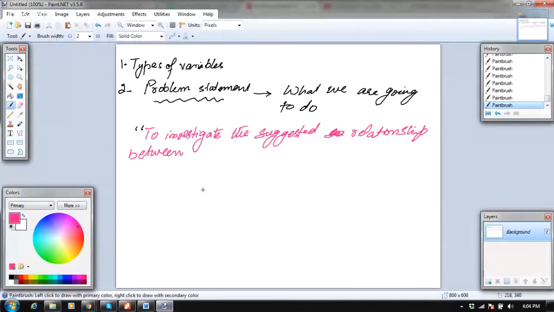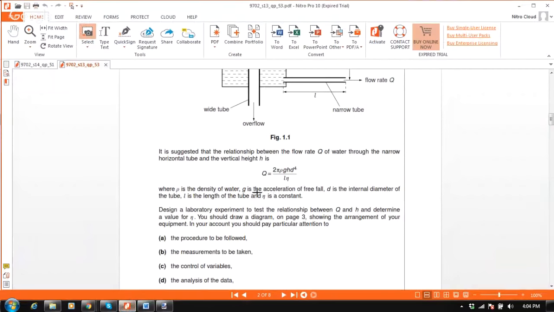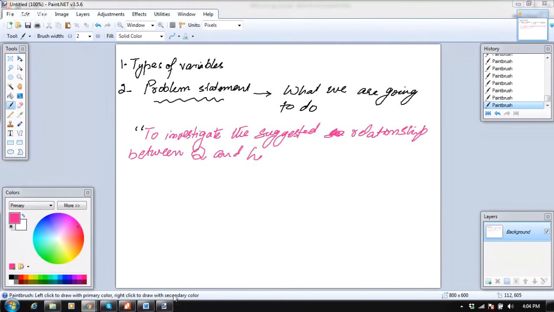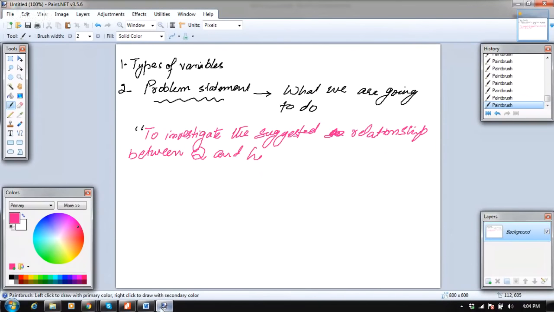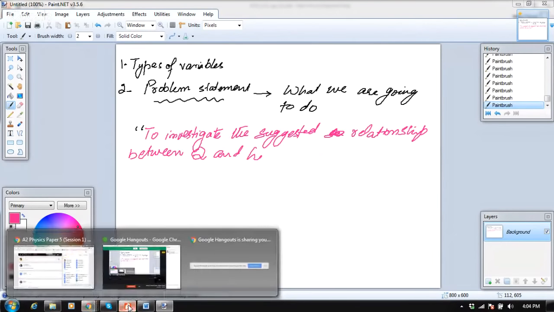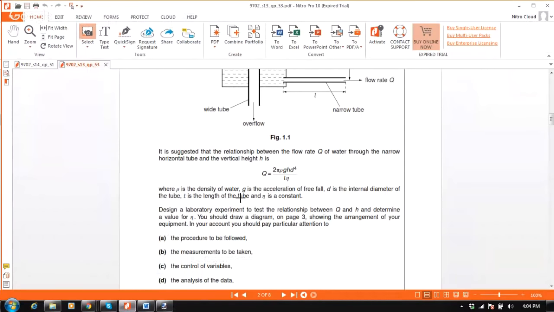So, relationship between, there were two quantities. The quantities were to find a relationship between Q and H. So I'll write between Q and H. And then what? The next part was, ये करने के बाद to figure out what is the relationship between them, hence find the value of eta.